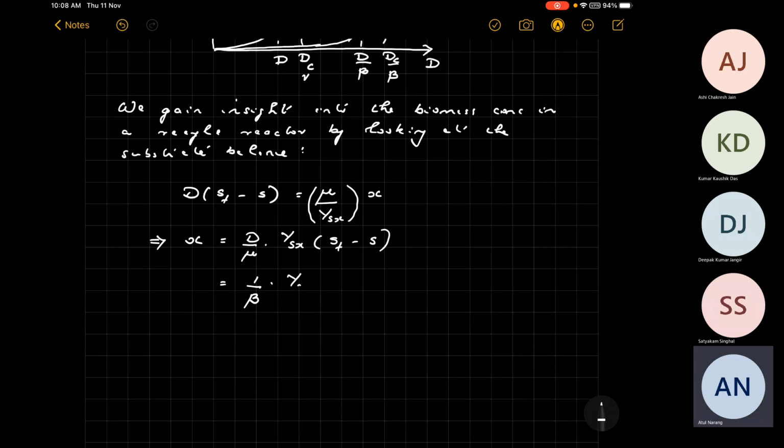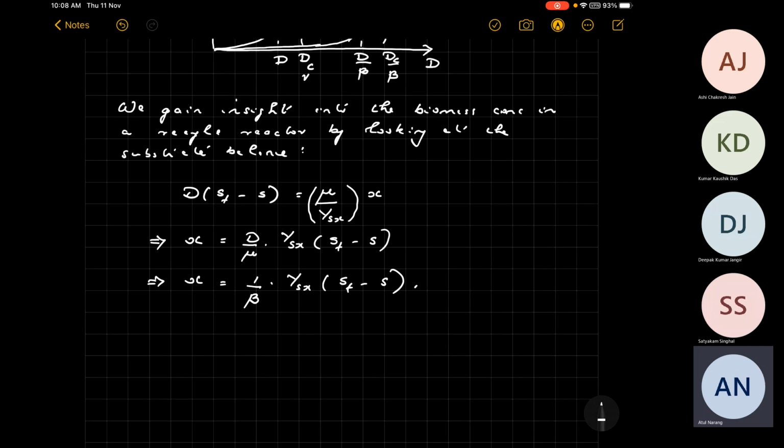So the final result that you arrive at is this. This is the cell density in a recycle reactor, and we want to ask the question: is this cell density bigger or smaller than the one in a chemostat?